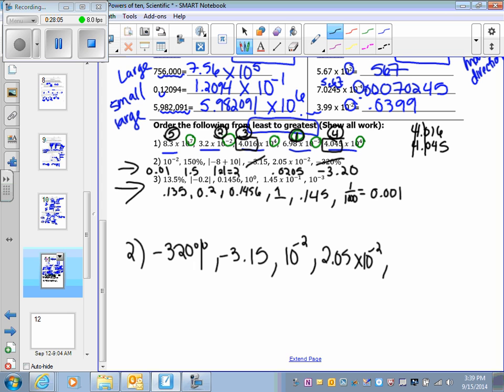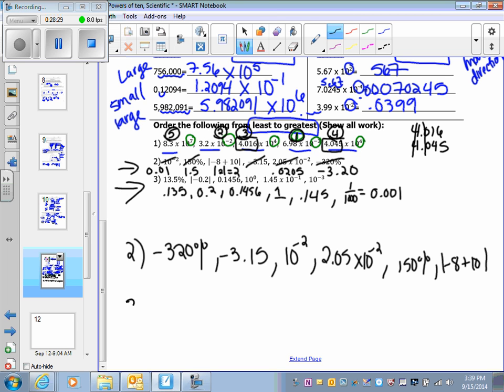Remember, even though you made them all decimals, you want to write them in their original form. So I took care of that, I took care of that. Next would be 150%. And last would be the absolute value of negative 8 plus 10, which was 2. Negative 8 plus 10 is 2, and 2 is 2 away from 0.